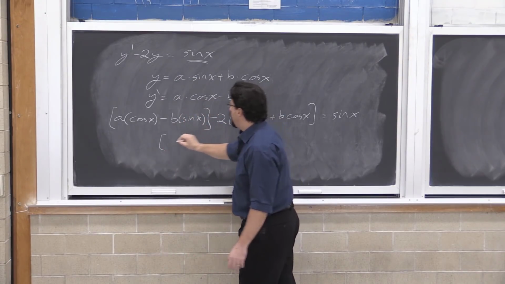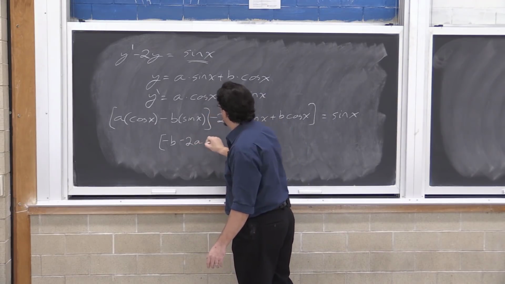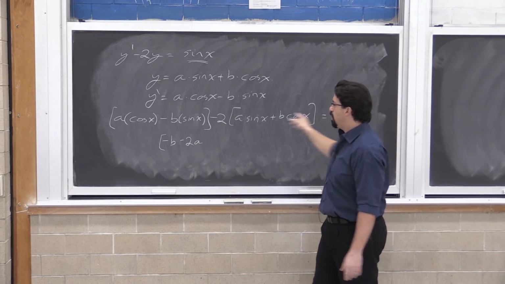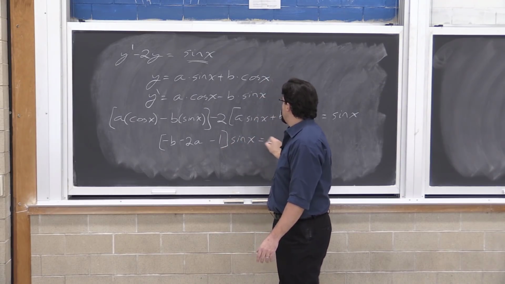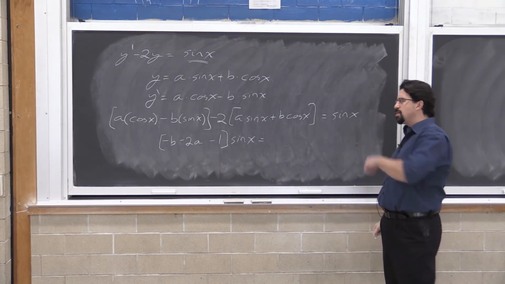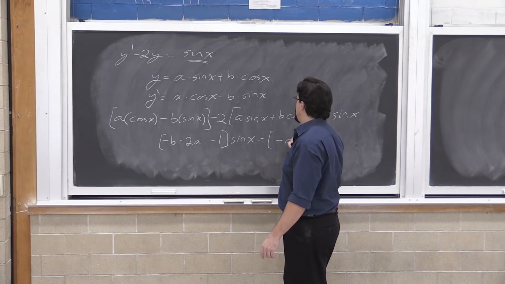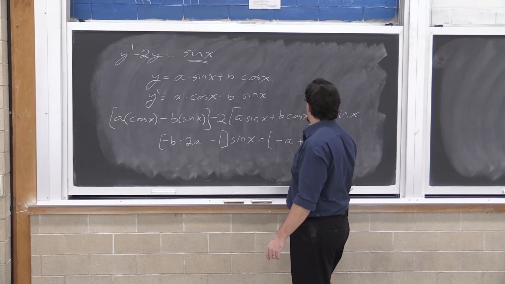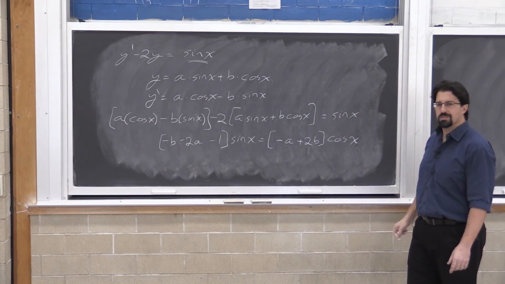Sine x, I'm going to have a negative b over here. I'm going to have negative 2a over here. And then this guy coming over will give me a negative 1 times sine of x. I'll throw the cosines to the other side, and what I'm going to end up with is negative a plus 2b times cosine of x.